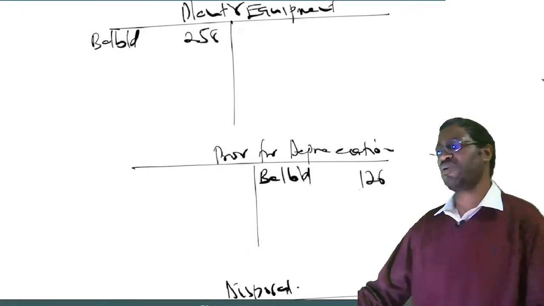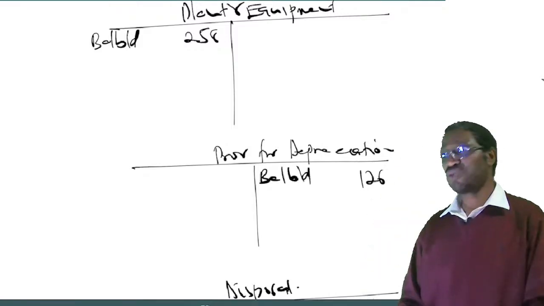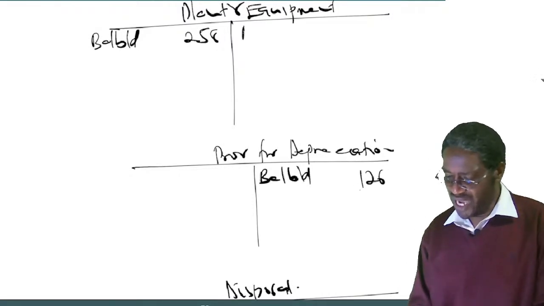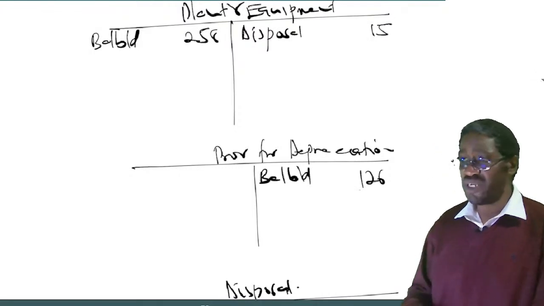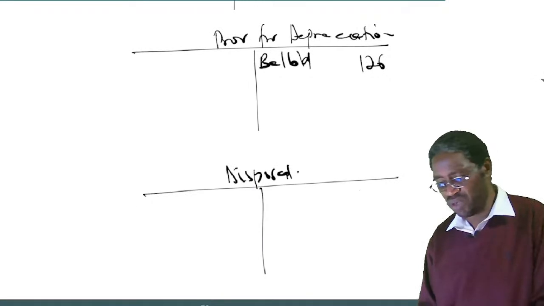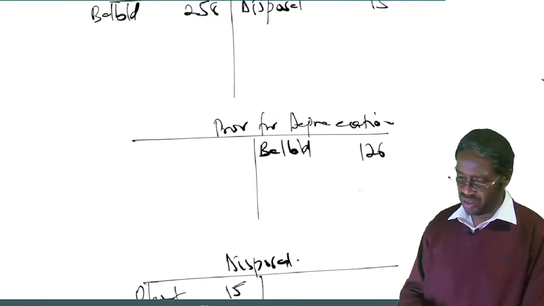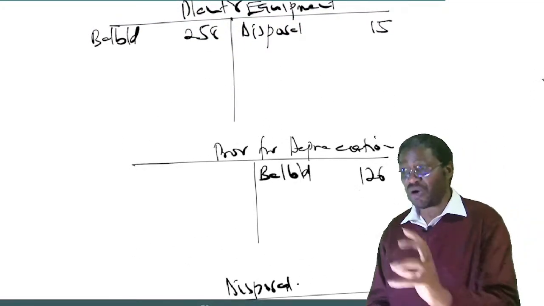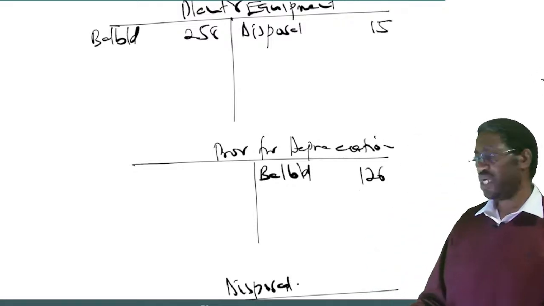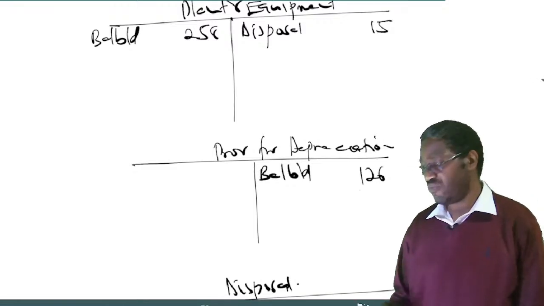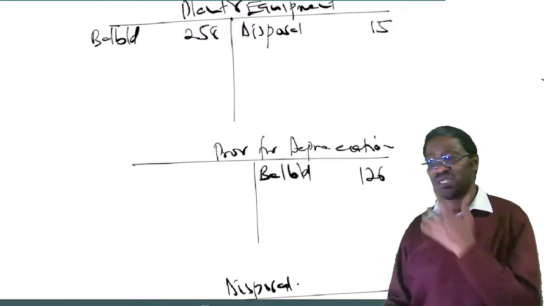So remove it from the asset by crediting the asset by that 15 million, and you debit disposal. So come to the disposal account and you see your plant, 15 million. Good. That's step number 1.